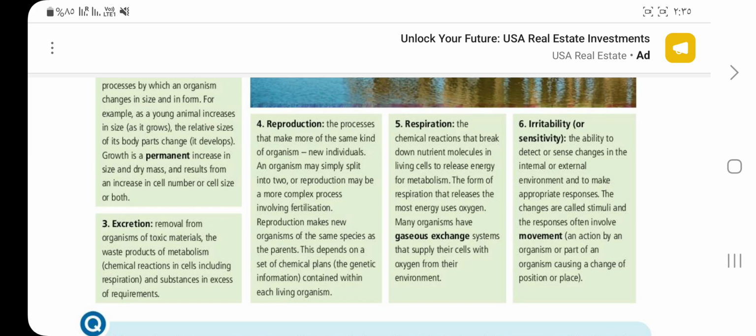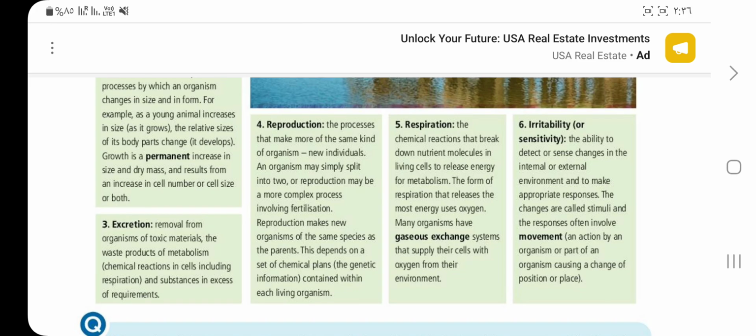The form of respiration that releases the most energy uses oxygen. Many organisms have gaseous exchange. What's gaseous exchange? It's a system that supplies their cells with oxygen from their environment.